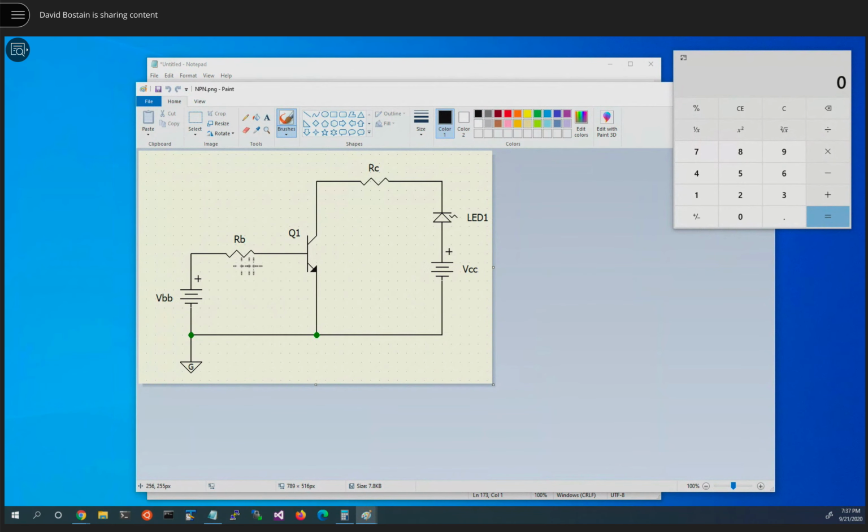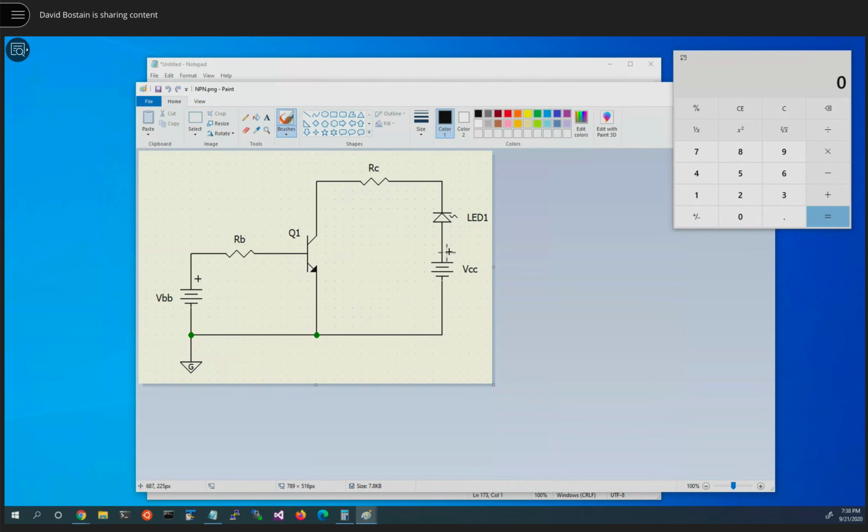We have a resistor over here to control the current through what's effectively a diode, the base-emitter junction of that particular transistor. And we have a resistor up here which will limit the amount of current that can flow through the LED. Notice the LED is in upside down compared to the last picture because current's flowing up through the transistor in that direction.